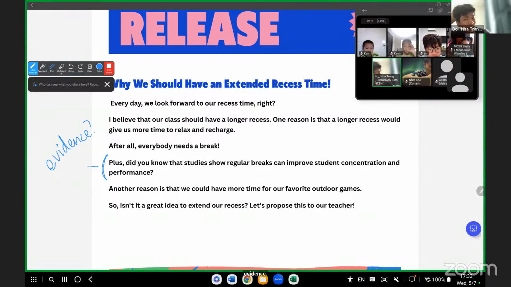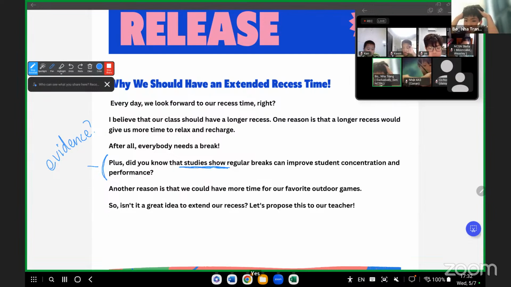Because I see the question, it's like evidence. Not necessarily the question, but it's the first part of the sentence here. Did you know that studies show?